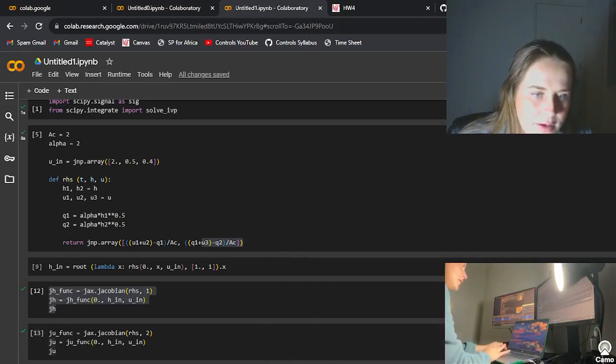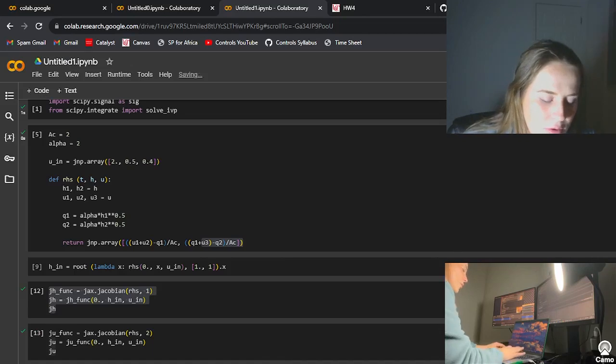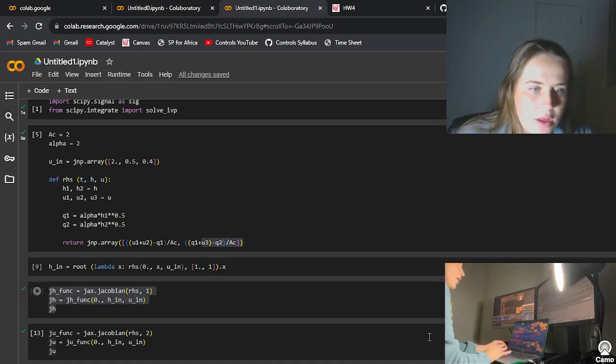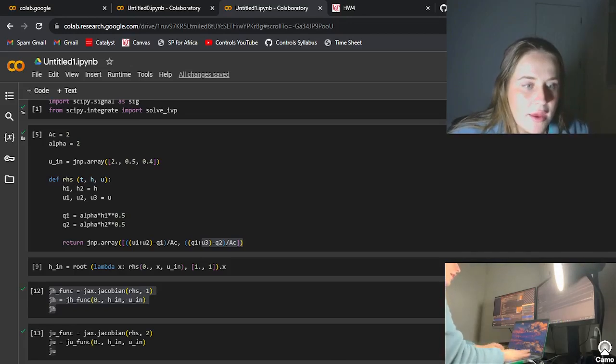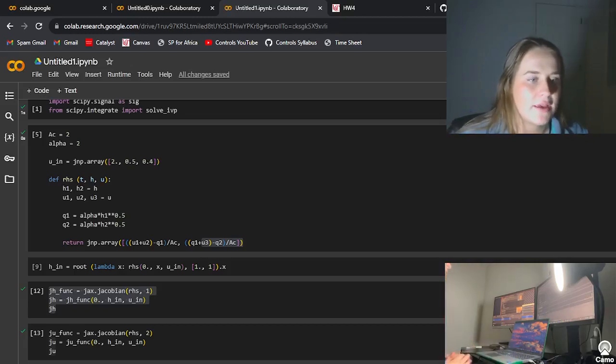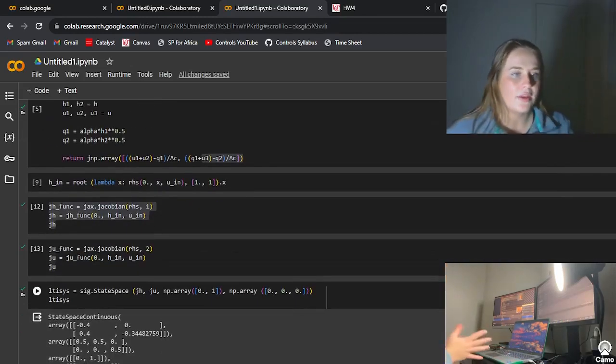I'm actually going to put periods behind all these just to make sure it's a hard 0. And then I can just call out this LTI system, and it should give us back our array for only H2.